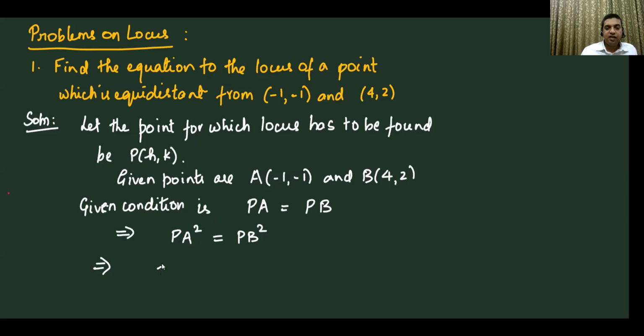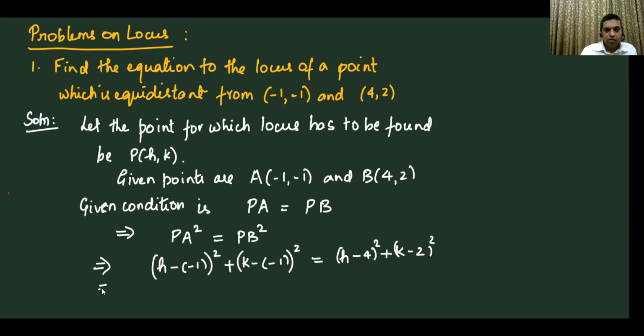So distance formula is h minus of -1 whole square, x1 minus x2 whole square plus y1 minus y2 whole square under root is equal to PB, h minus 4 the whole square plus k minus 2 the whole square. So what do you get? This is h plus 1 the whole square.